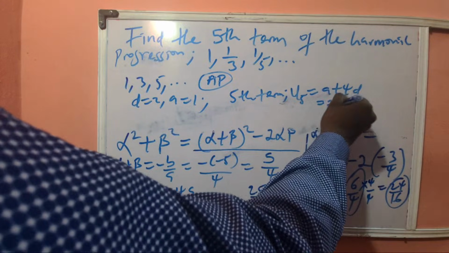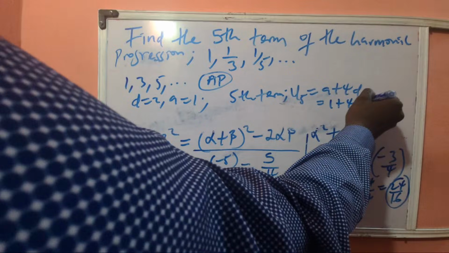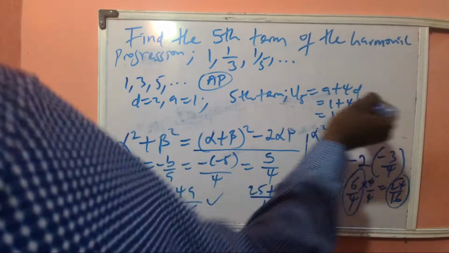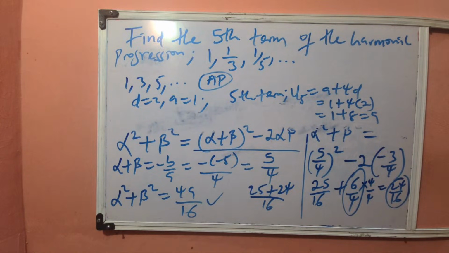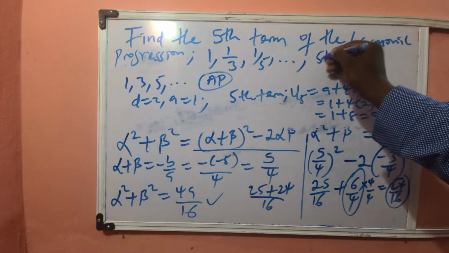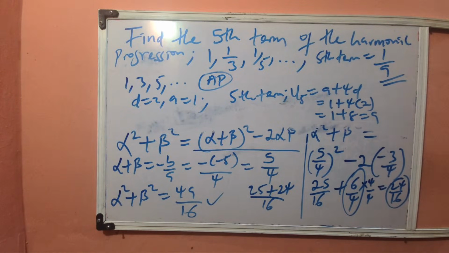That is 1, my first term, plus 4 times 2. That's 1 plus 8. That's 9. Now, don't forget, this is my arithmetic progression's fifth term. This is not my harmonic progression fifth term. To get my harmonic progression fifth term, I have to reciprocate this. So my harmonic progression fifth term will be equal to 1 over 9.